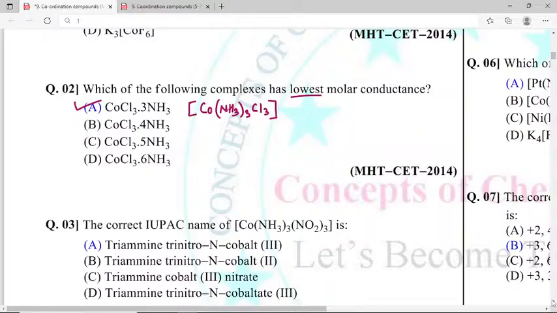On dissociation it does not form any ions. So option A is correct. And this is the highest molar conductance, option D, highest molar conductance.